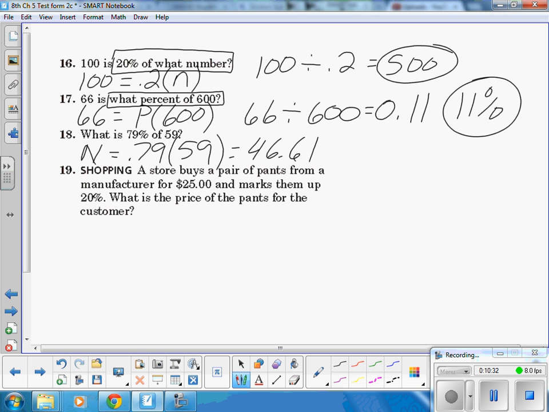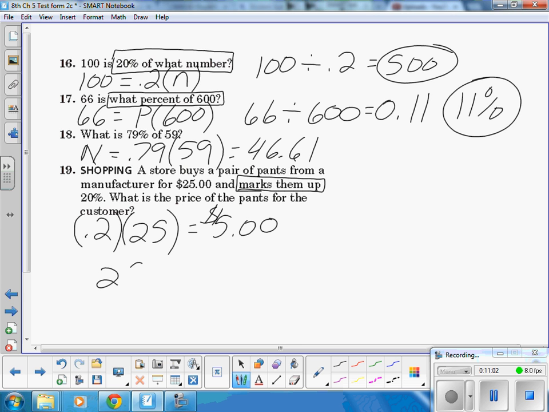Number 19, a store buys a pair of pants from a manufacturer for $25 and marks them up 20%. What is the price of the pants for the customer? So $25, we're going to go the percent, 0.2 times the whole. When we figure that answer out, which is $5, remember this is a markup.